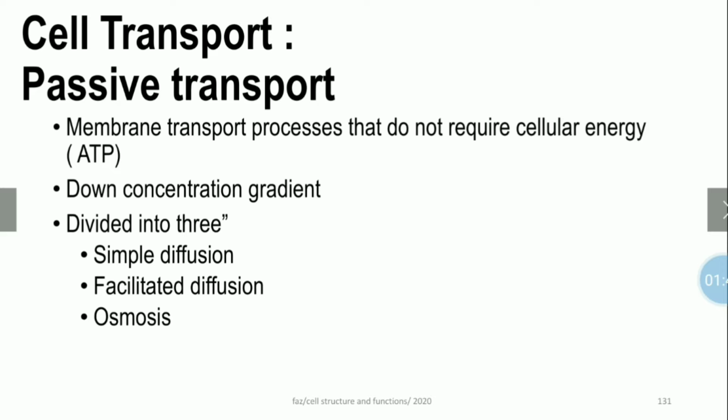And it is down the concentration gradient, meaning that the substance moves from the higher concentration region towards the lower concentration region. And this passive transport can be divided into three types, which are simple diffusion, facilitated diffusion, and osmosis.